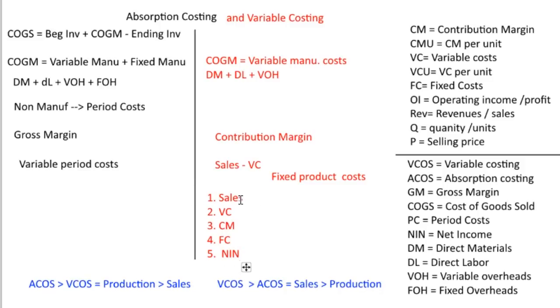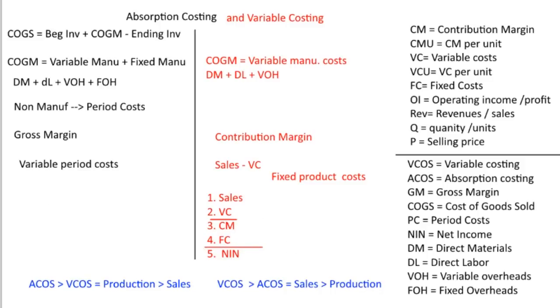Now, of course, sales minus your variable costs will give you your contribution margin, and then after you minus these two, you get your net income.